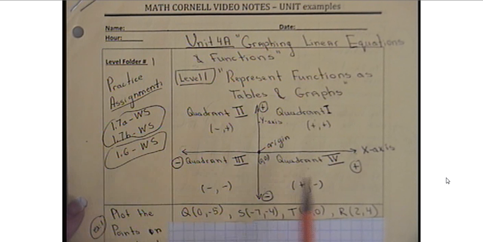And if we have a point with x coordinate positive and y coordinate negative, that means this point will be located somewhere in quadrant 4. So at the beginning, by pointing out all of those new terms, you may feel a little bit confused, but once we start plotting points, you will see what it's about. So hopefully it won't be that difficult very soon.